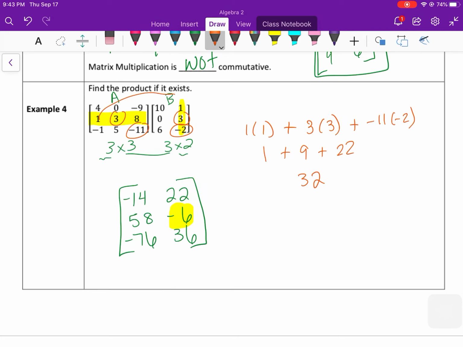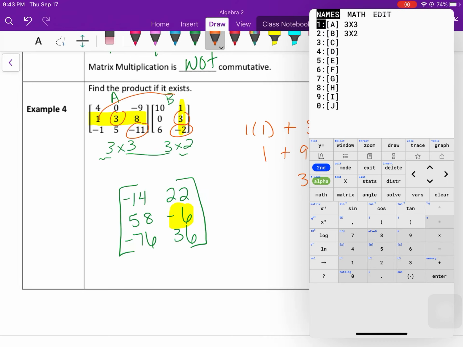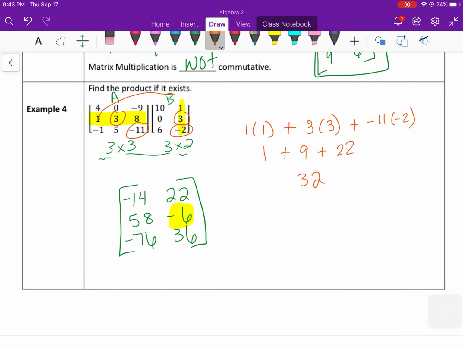What did I do? Did I put these in my calculator wrong? Let's go back to edit. 4, 0, -9, 1, 3, 8, -1, 5, -11. Matrix B, -2. Oh, I used 11 here instead of 8.